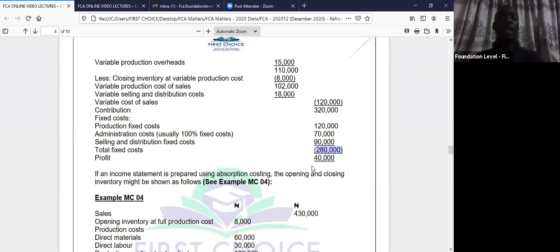So anytime you are given costs combined, variable and fixed together, not separated, and they didn't give you any way to remove them, you can use your high-low method.